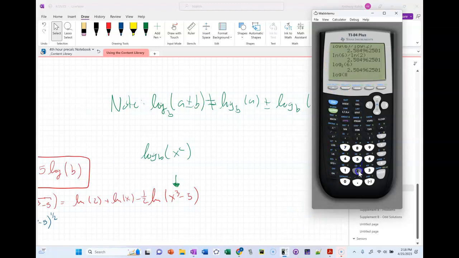You can say, okay, what if I do log of 2 plus 3? That gives me one answer. And what if I do log of 2 plus log of 3? See if that gives me the same answer. It doesn't. So I definitely know that I can't do something like that, right?